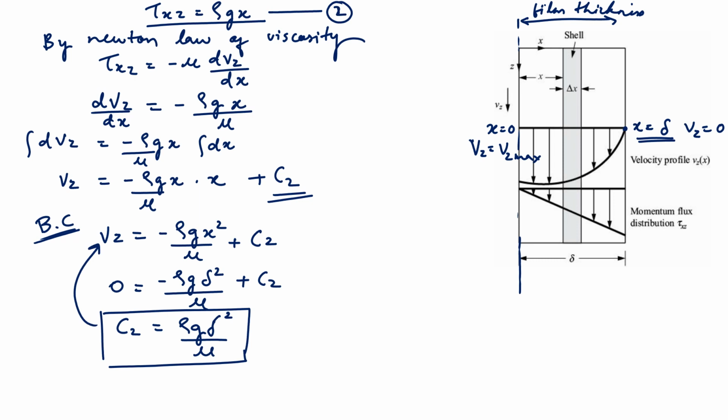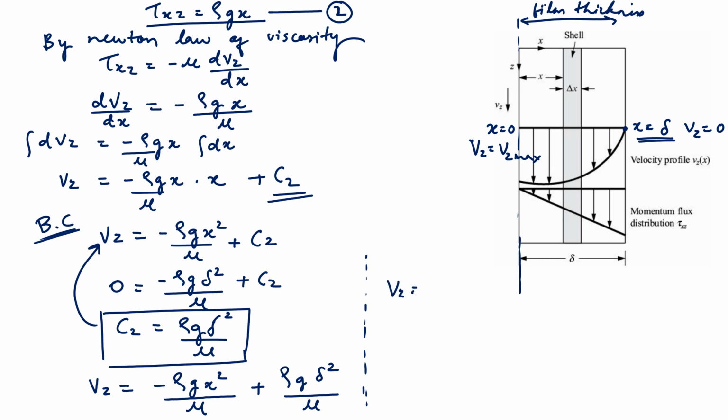So putting this value of C2 in the equation, I get vz equals to minus rho g x square upon mu plus rho g delta square upon mu. So rho g upon mu is common. So vz equals to rho g upon mu into delta square minus x square.